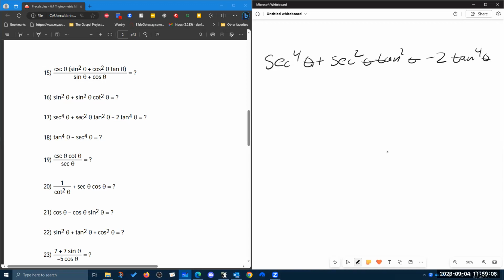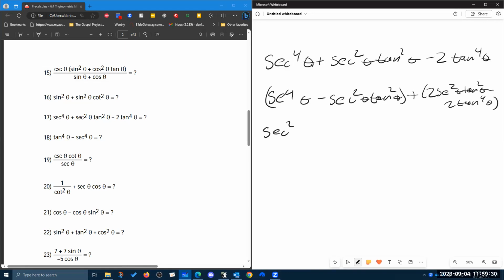So let's say secant to the fourth theta minus a secant squared theta tan squared theta plus a 2 secant squared theta tan squared theta minus 2 tan to the fourth theta. And let's try and factor by grouping.